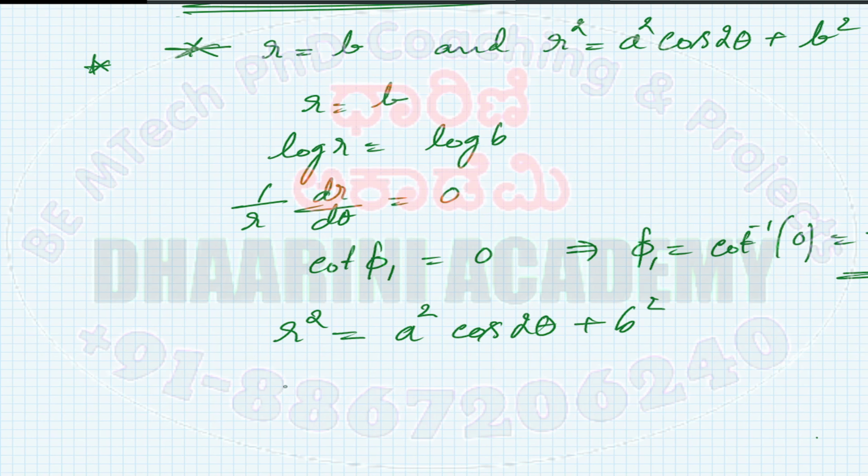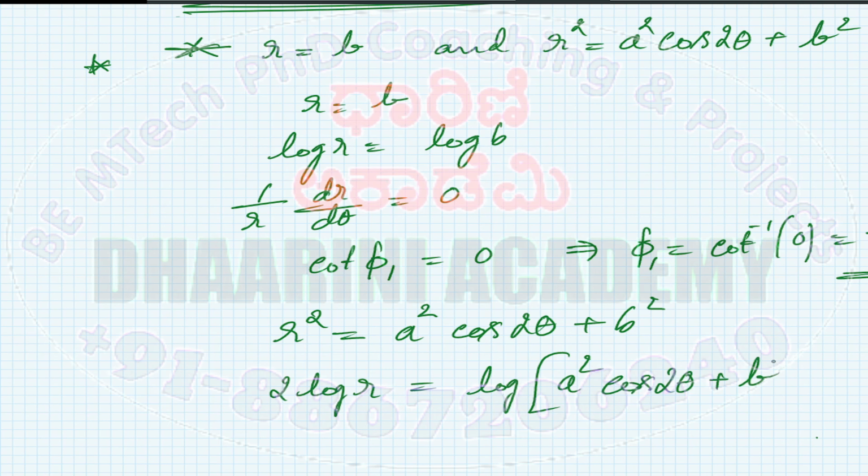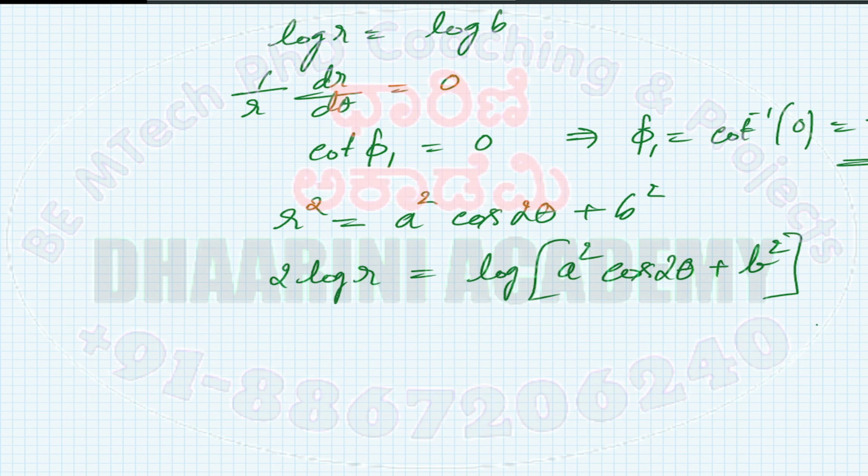So let's take a log on both sides, that is 2 times log r is equal to log of this whole thing, so log of a square cos 2 theta plus b square. So the right hand side is a sum, so I don't have a facility to take the log of two different terms, right?